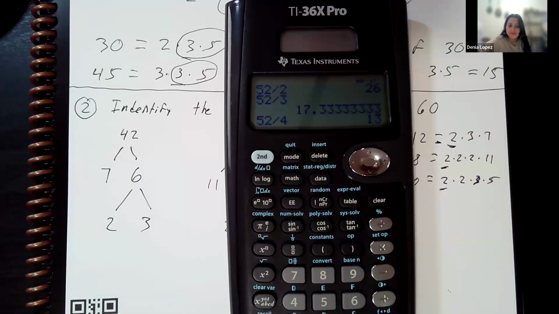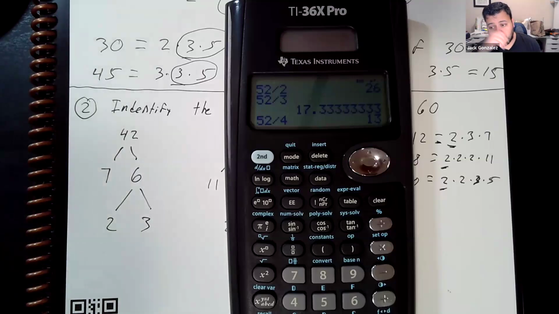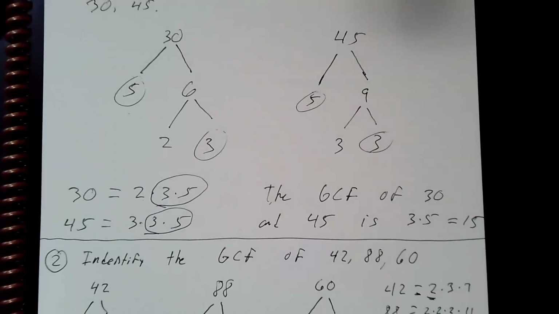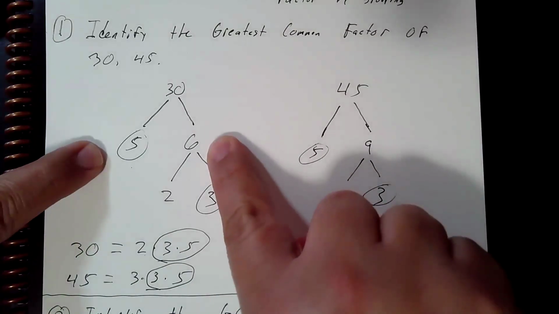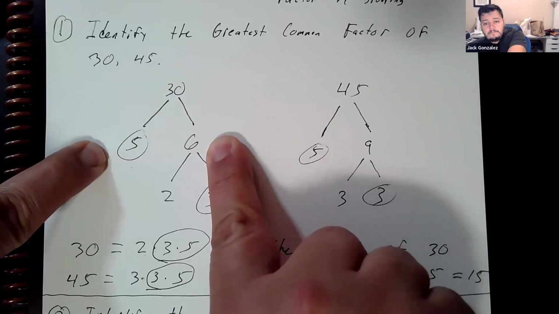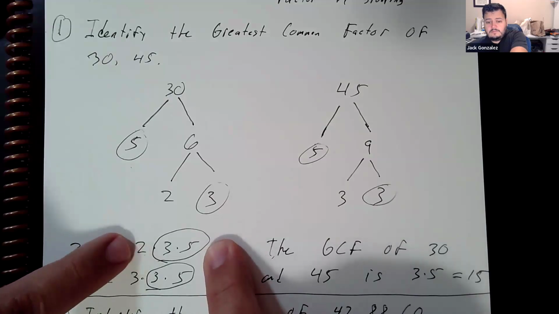Your path might look different, but the answer will be the same. For example, here we use 5 and 6. I could have used 3 and 10, right? But it would have been the same at the very end. It still would have been 2, 3, 5.